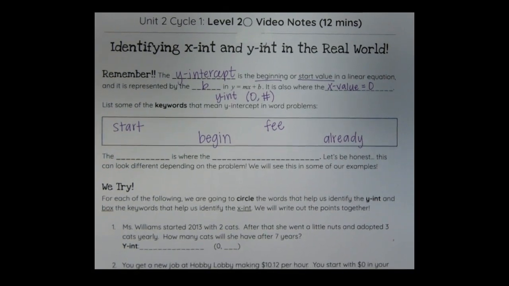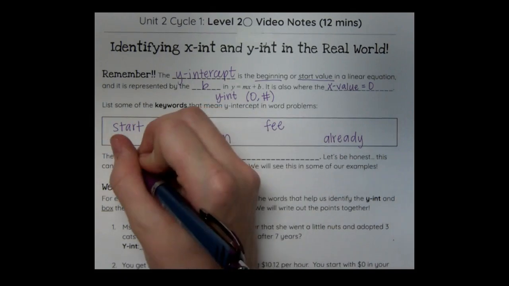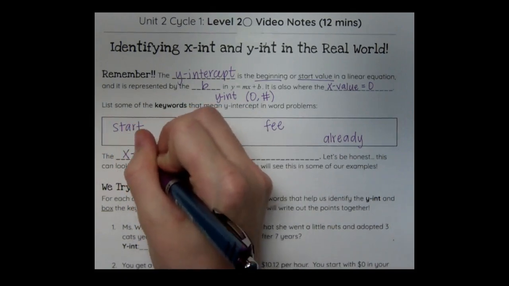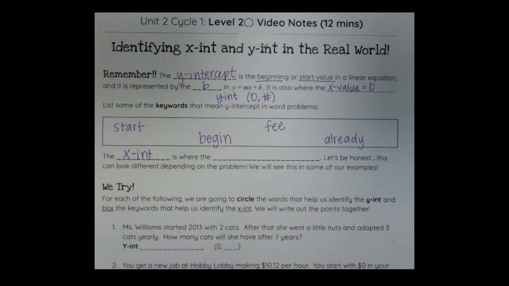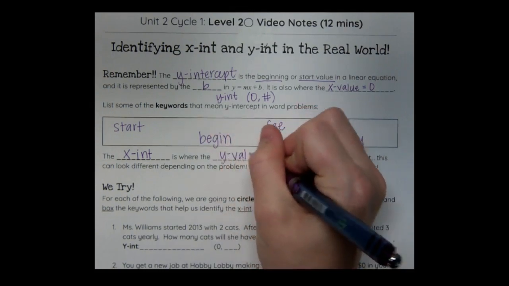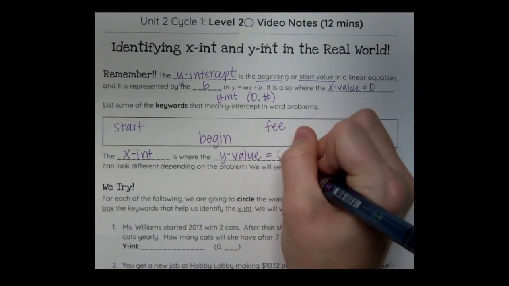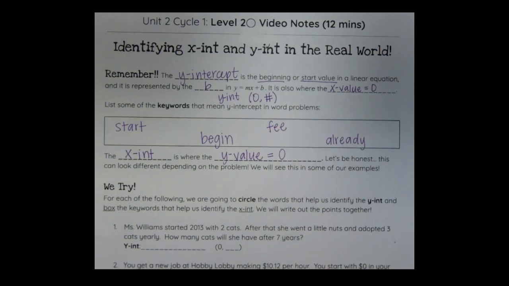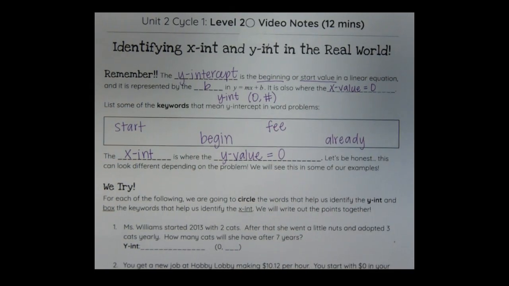The second part of these notes is the x-intercept. So our x-intercept is where the y value equals 0. And I'm going to be honest with you, this can look a lot different depending on the problem. So some of these we can identify the x-intercept and some we can't just from this scenario or word problem.